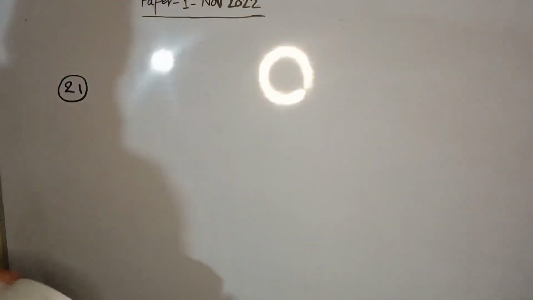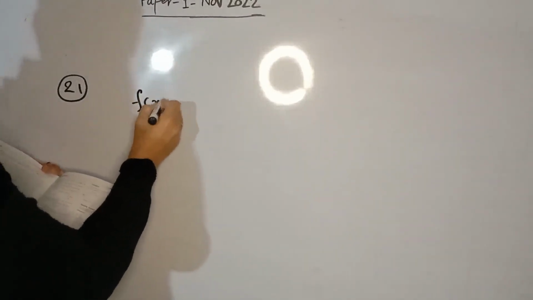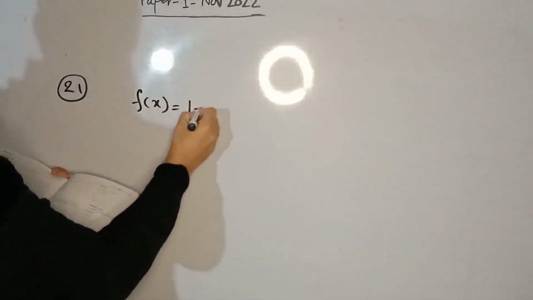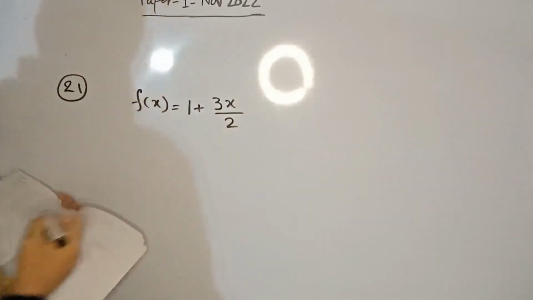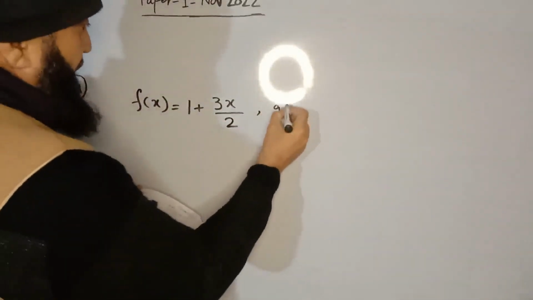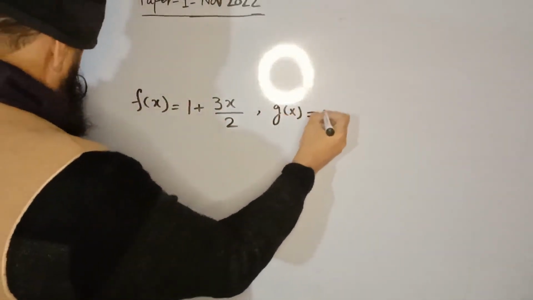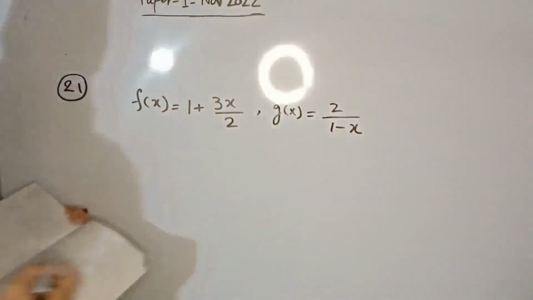Question number 21 is about functions. It is given that f of x is equal to 1 plus 3x over 2. This is given. And also g of x is equal to 2 over 1 minus x. This is given also.